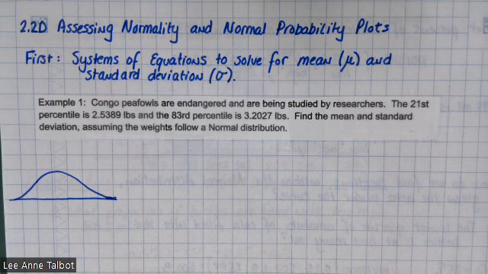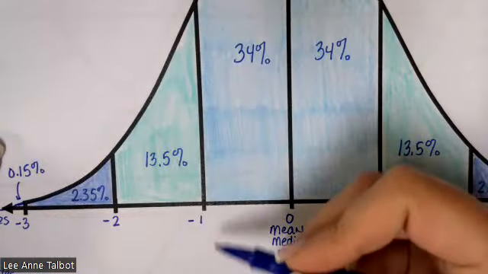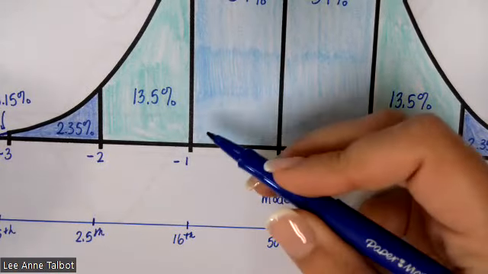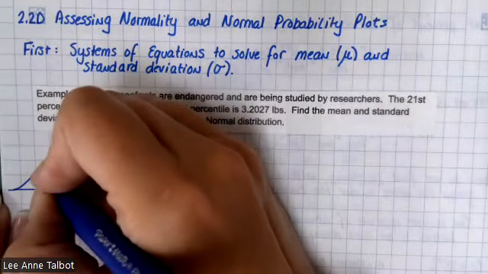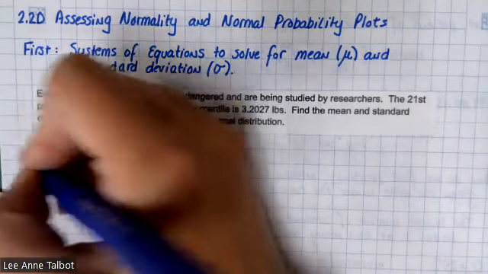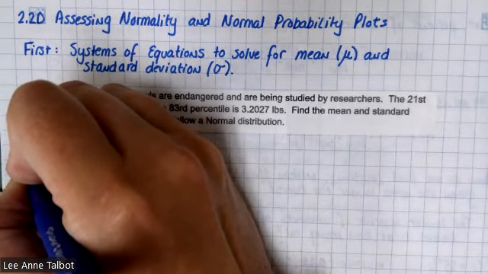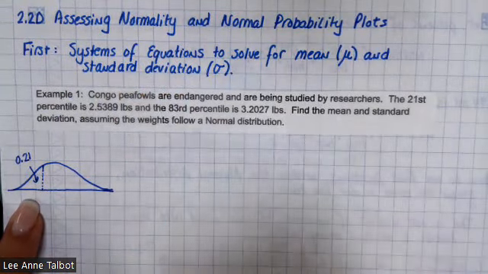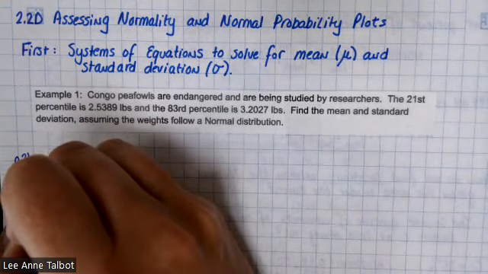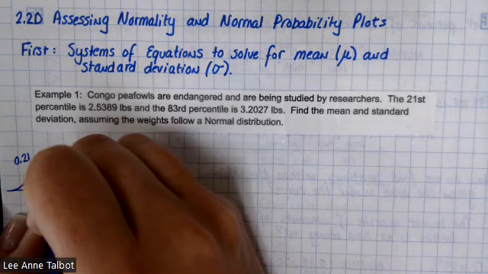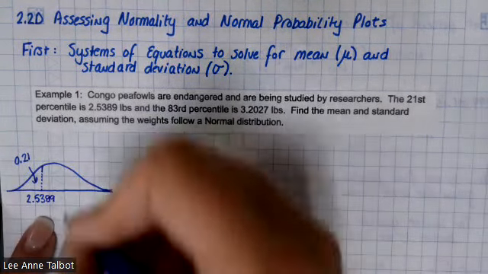Let's see, 21st percentile would be like, here's 16, so here-ish, right? Right about there. And that would be 0.21.